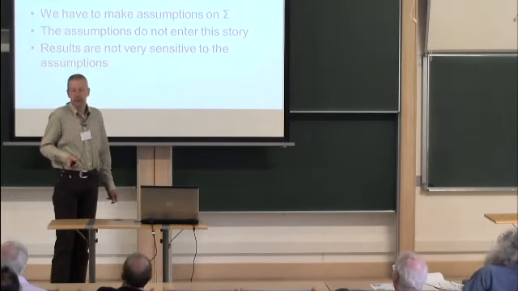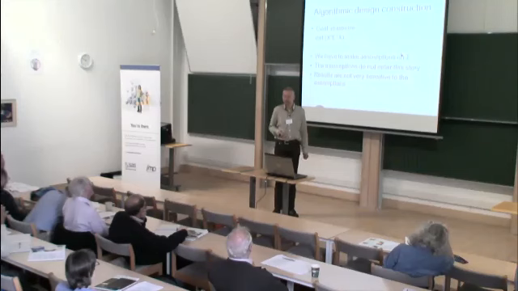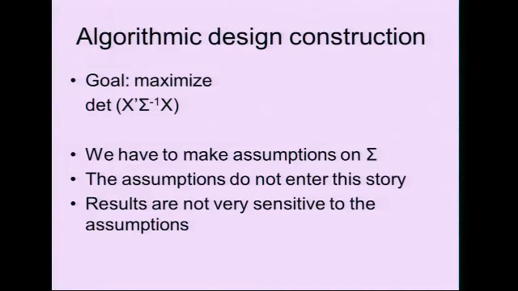So we have to make use of an algorithm, and the particular algorithm we used maximizes the determinant of the information matrix X prime sigma inverse X. That's a quite usual criterion. It's called the D criterion, and we want to have designs with large values of this determinant.